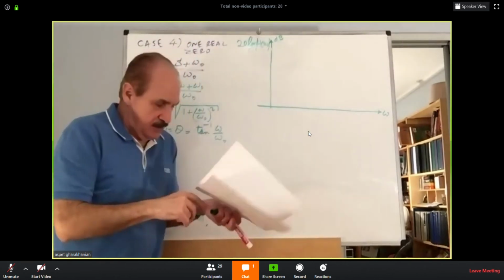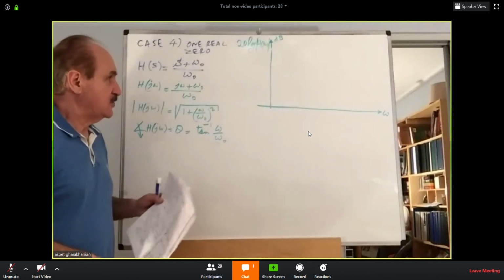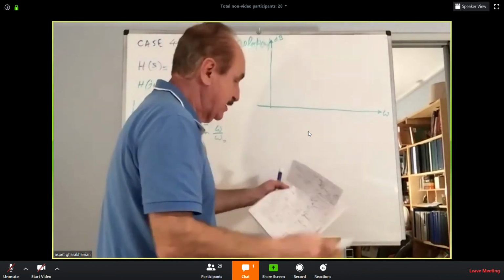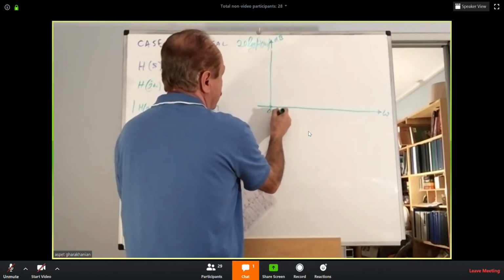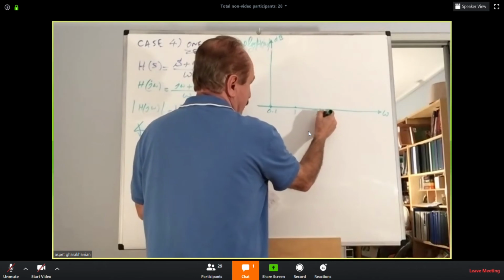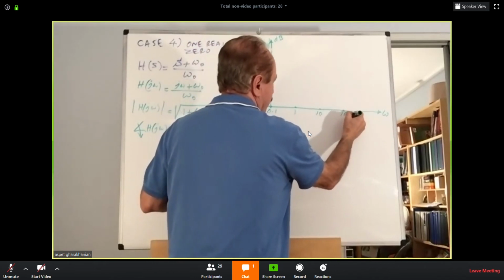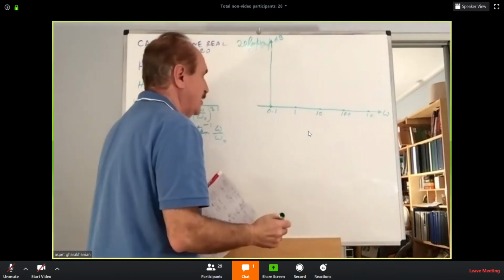Okay, so here is how to construct, and of course, let's label the axis. Let's say this is 0.1. Those are my ones, the tens, the hundreds, and the thousands. 1K radians per second.